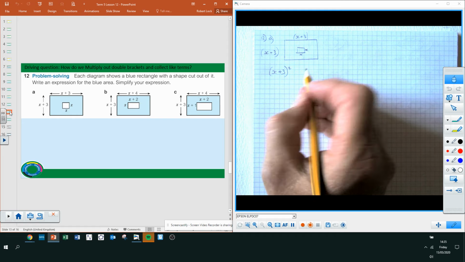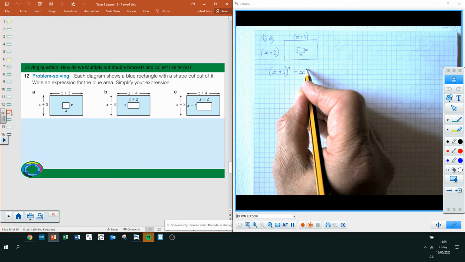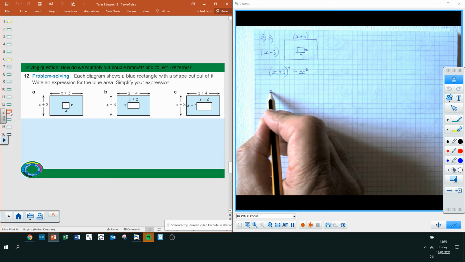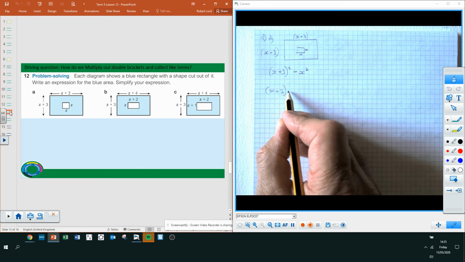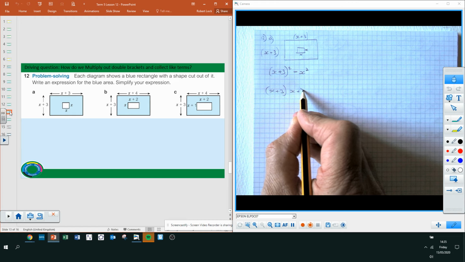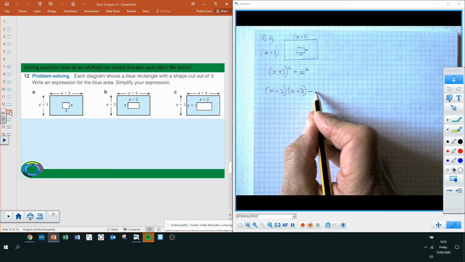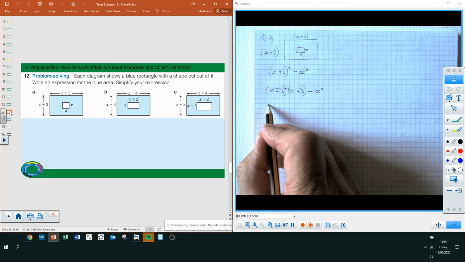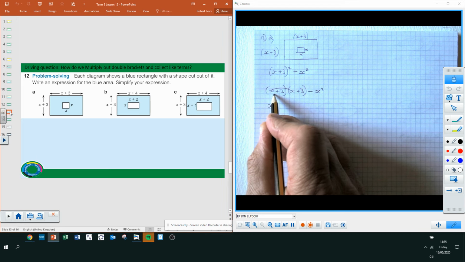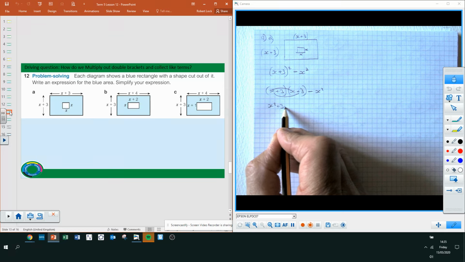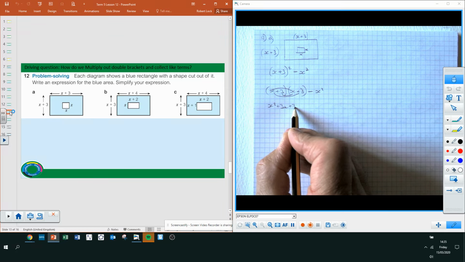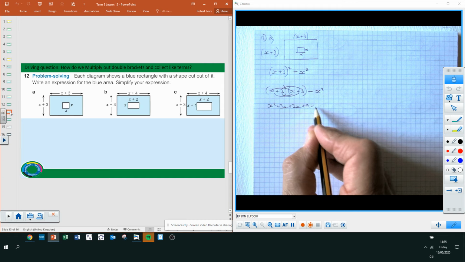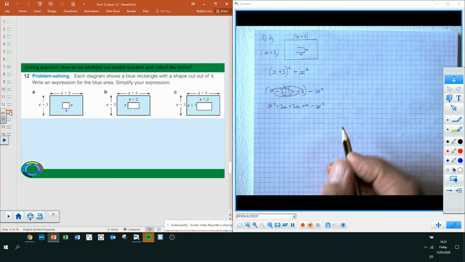x times x is x squared, minus x squared. So multiply the bracket here. So x plus 3 times x plus 3 minus x squared. So x squared plus 3x plus 3x, 3 times 3 is 9, plus 9, minus x squared.